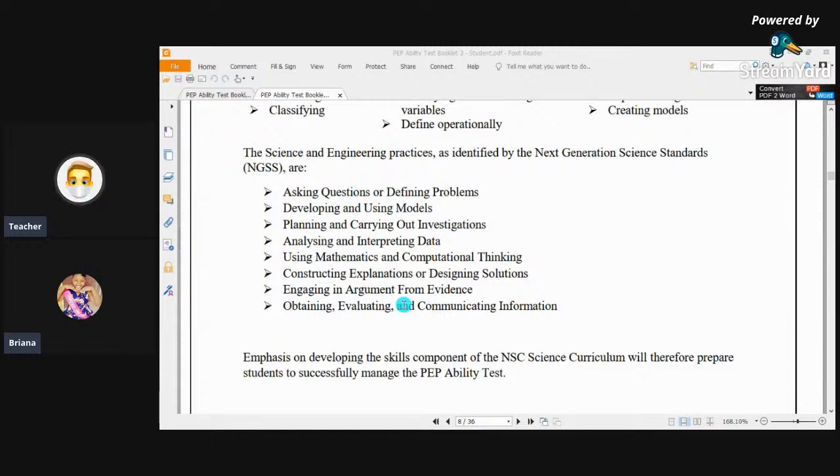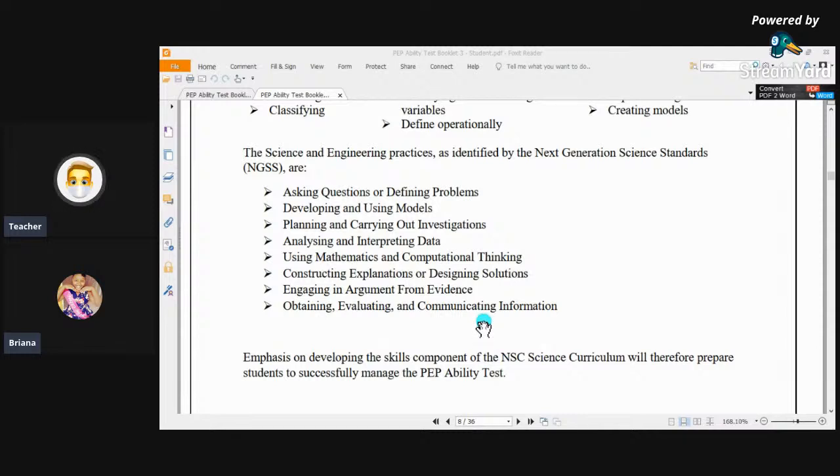So we're not just, as scientists, getting up and saying what we feel like, but arguing something from the point of view of evidence. Recently, I was listening to something and it said that we must follow the evidence wherever it goes. So, obtaining, evaluating, and communicating information.